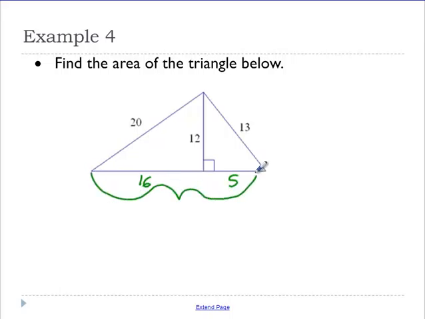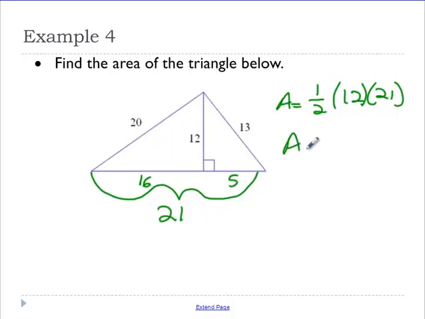Now since those are 16 and 5, the entire base is 21. So the area of this triangle is 1/2 times the height and the base. I know I wrote those backwards, height, base, base, height. It's going to be the same thing either way. Now, type it in your calculator. Area is 126.